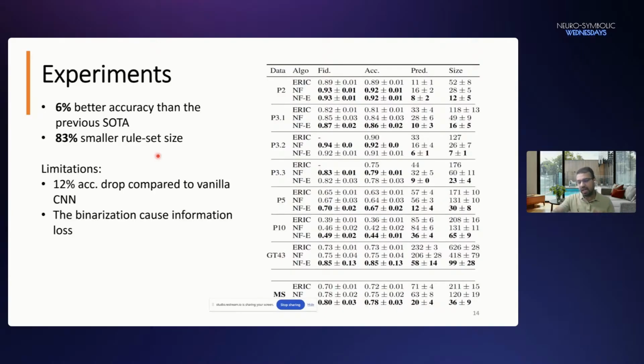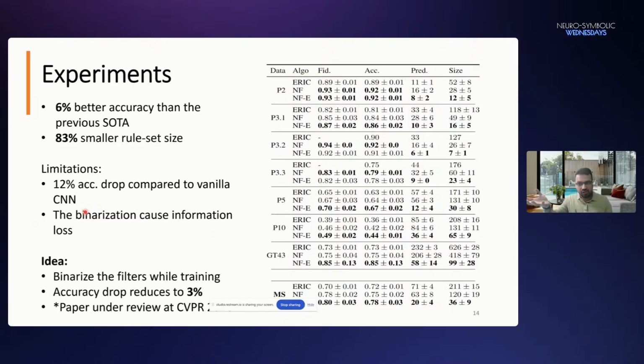But there is a limitation that also accompanies this, which is a 12% accuracy drop compared to the vanilla CNN. So the vanilla CNN does 12% better than our CNN plus the rule set, because what we've essentially done is binarize the filters in the middle after the training was done, and that causes a lot of information loss.